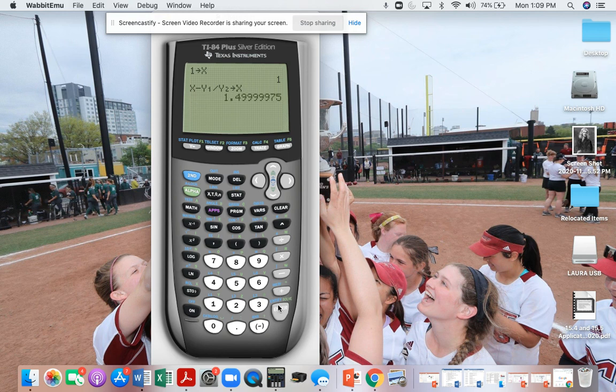Now, I don't get 1.5 because I didn't type in the exact derivative. It's fine. It's close enough. But notice what happens when I hit enter again. Oh my gosh. Can you see the decimals, right? I went through it these 2 times and the decimals repeat.